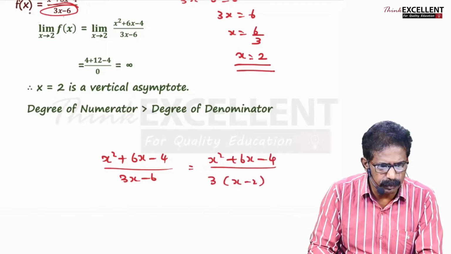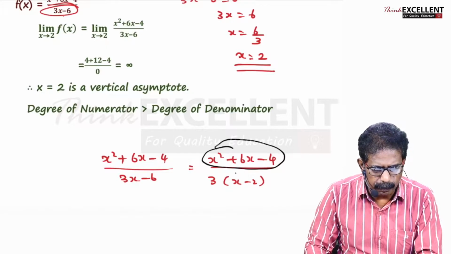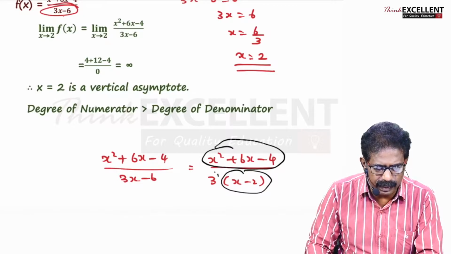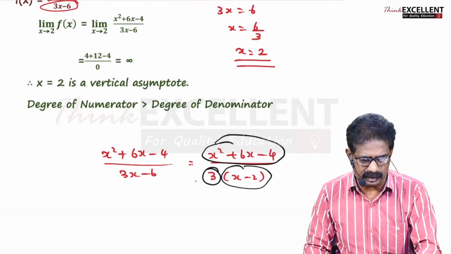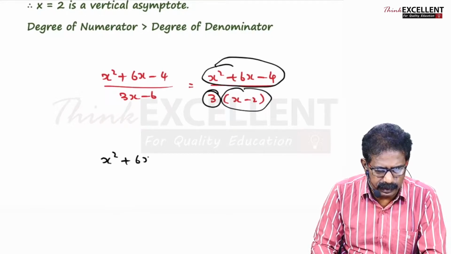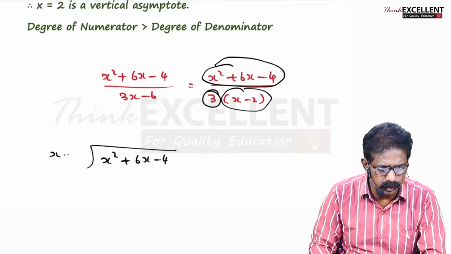So what I am going to do, divide this by x minus 2 alone. Later the quotient you divide again by what? 3. That we do at the last. Okay. So first I am going to divide x square plus 6x minus 4 by only that x minus 2.